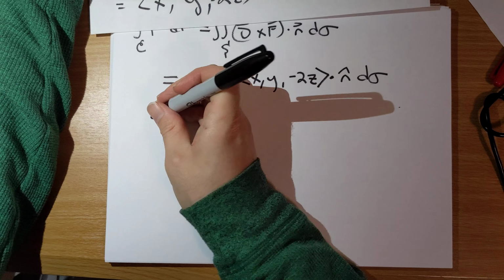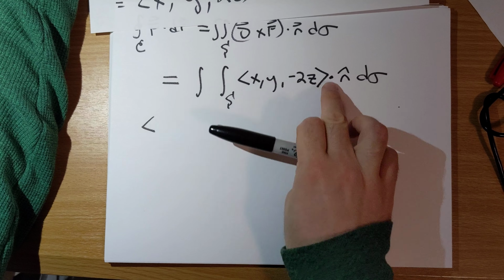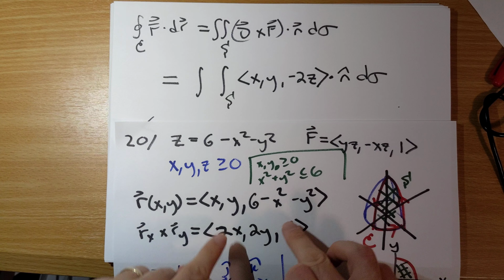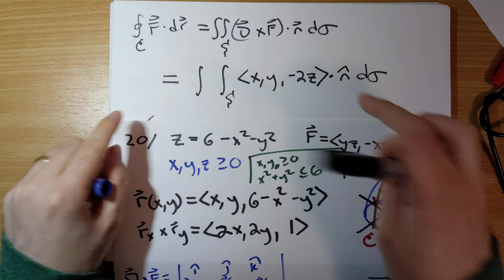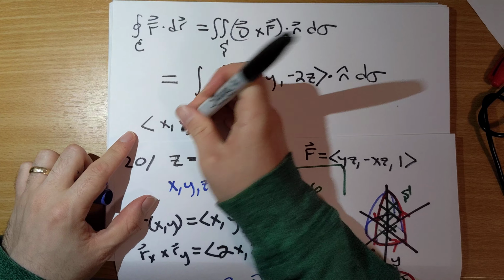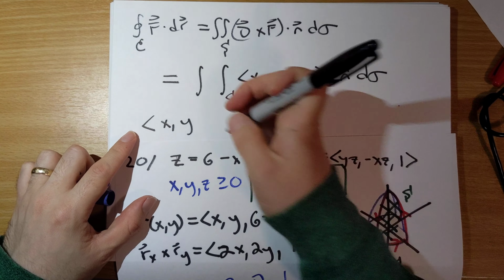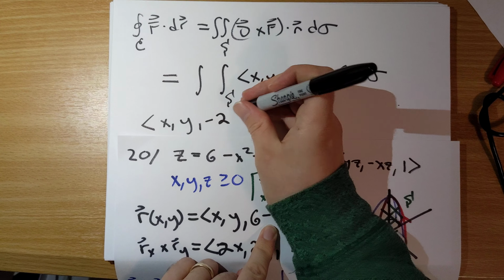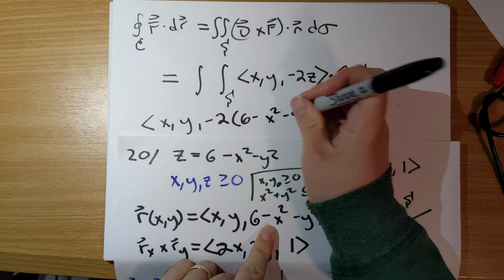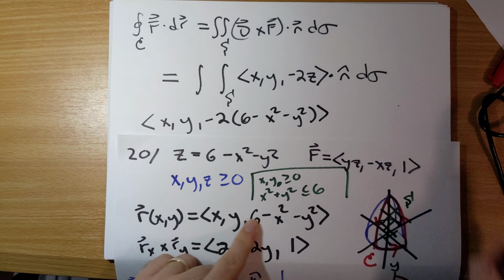We need to take this and substitute our parametrization into the integrand here. So x is x, y is y, and for negative 2 times z we substitute 6 minus x squared minus y squared.